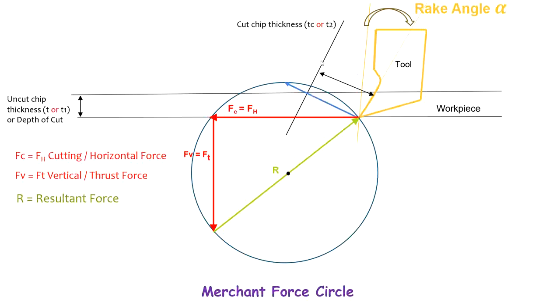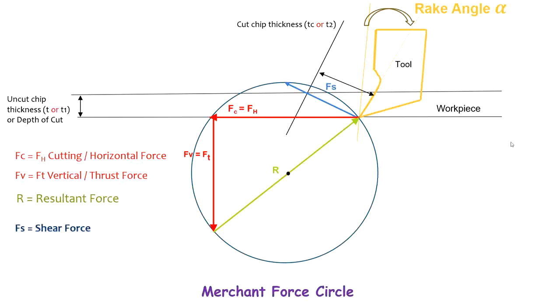For the line joining the intersection of the t1 and t2 lines, from the cutting point of the tool, we are going to draw one line which will touch the circumference of the circle. This line is nothing but the shear force.